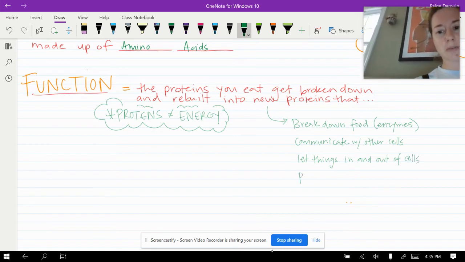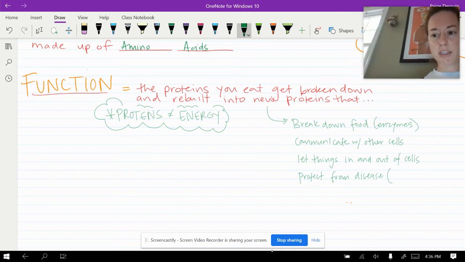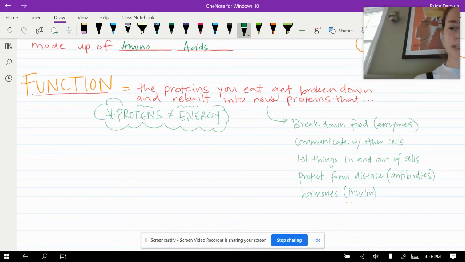They protect you from disease. And there's so many other things that they do too that we'll talk about throughout the year, but this is just a few of them. The ones that protect you from disease are antibodies. Oh, and then I will put this on here too, but they're also hormones. For example, insulin is a protein hormone.